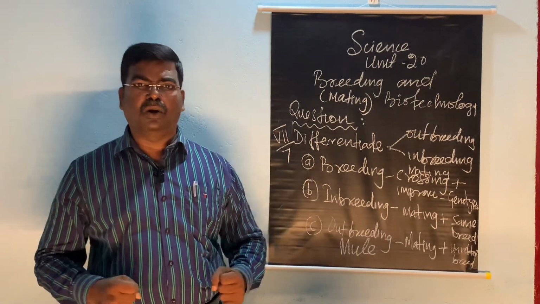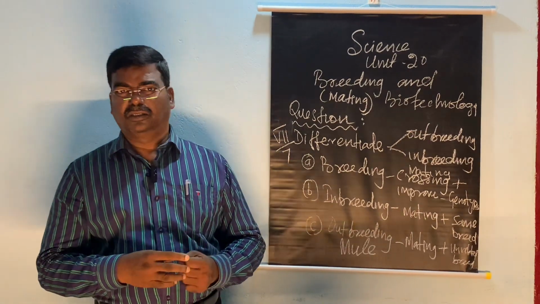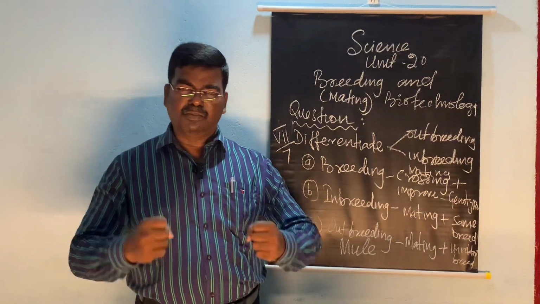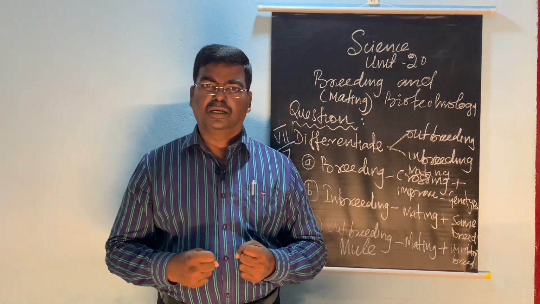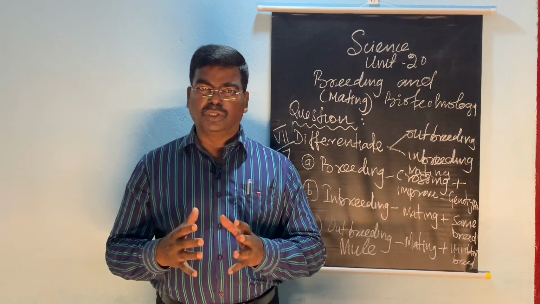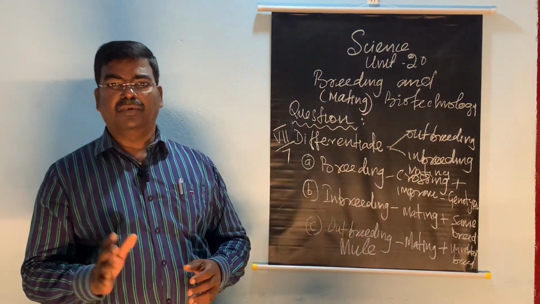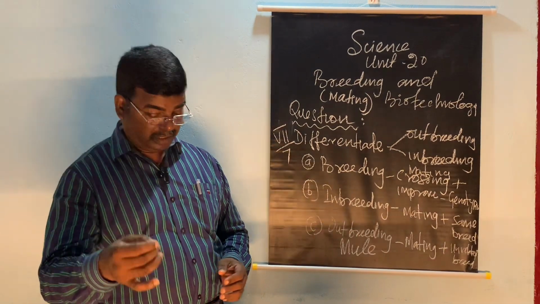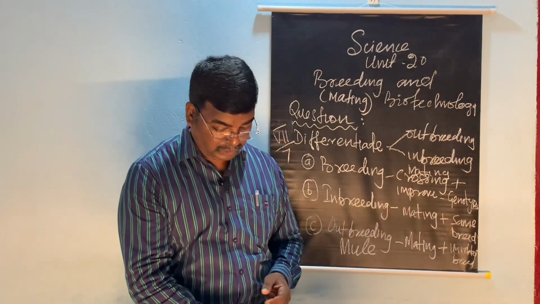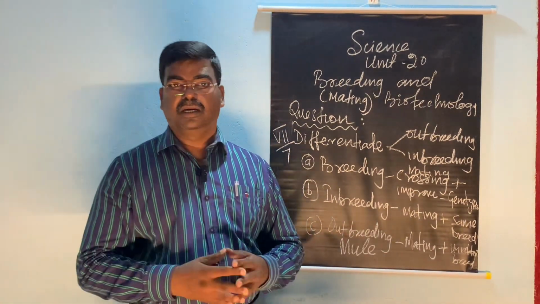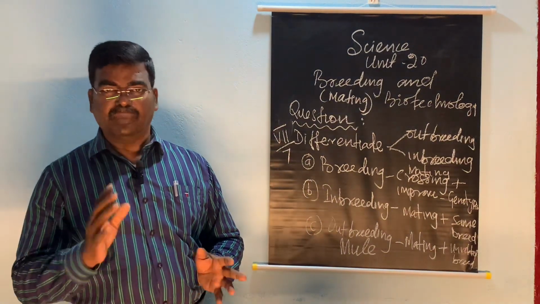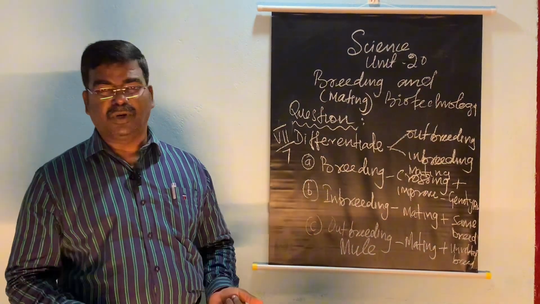And they are much stronger than the horse. It is much more powerful than a horse. So in this outbreeding, we are getting a super superior variety, that is called hybrid. HYBRID. Hybrid means vigorous.